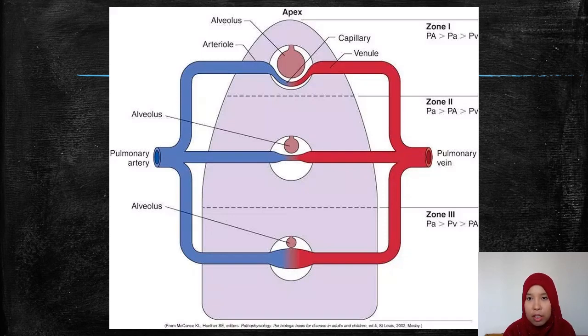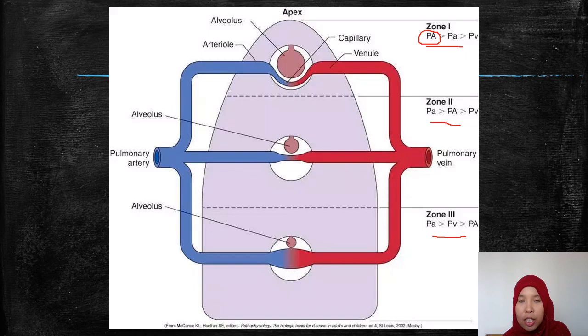The upper part, zone 1, and then you have zone 2 and zone 3, and in each zone there's a difference in the arterial partial pressure, the vein partial pressure, and also the alveolus, right?